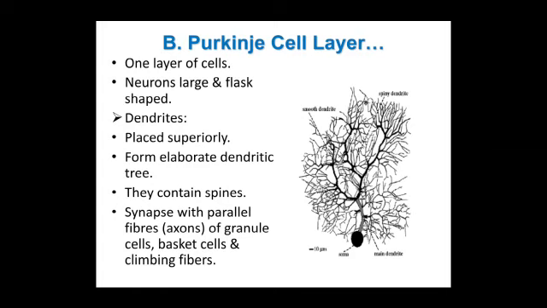It contains dendrites which are placed superiorly and form an elaborate dendritic tree. They contain spines and synapse with the parallel fibers, that is, the axons of granule cells. Apart from that, it also synapses with the basket cells and climbing fibers.